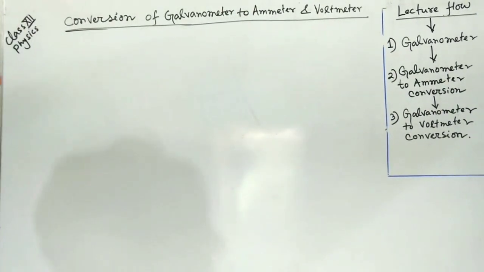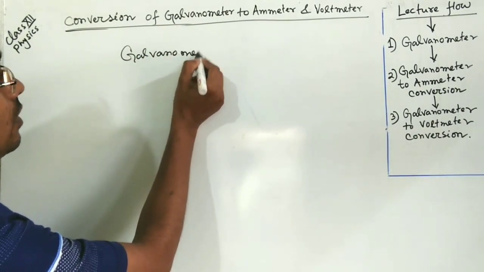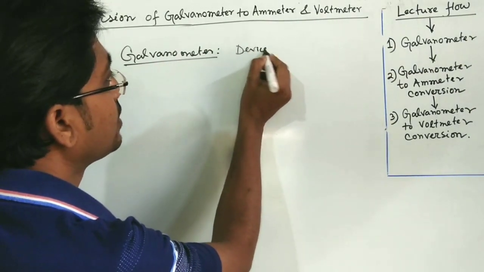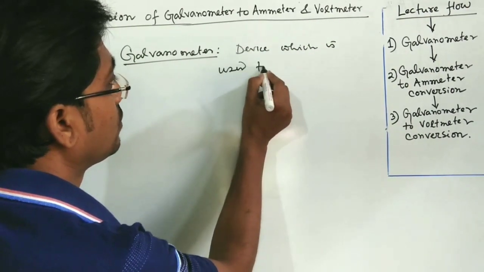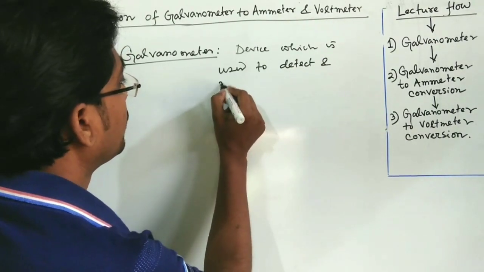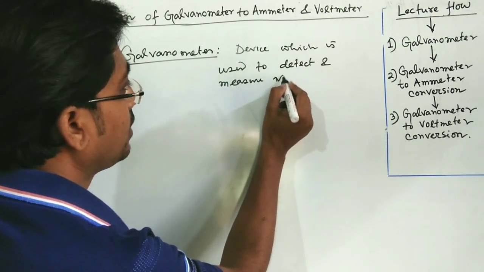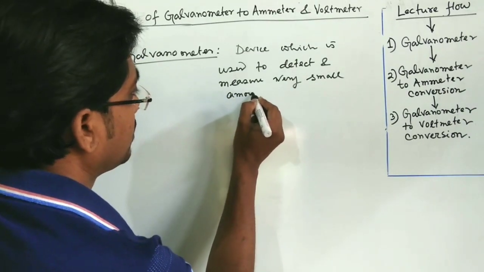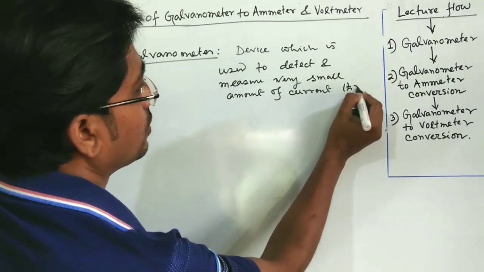Now first of all, what is galvanometer? So galvanometer is nothing but a very sensitive device. The device which is used to detect and measure very small amount of current through it.